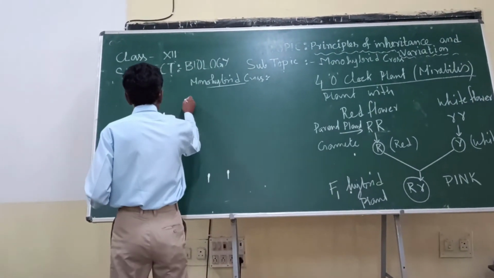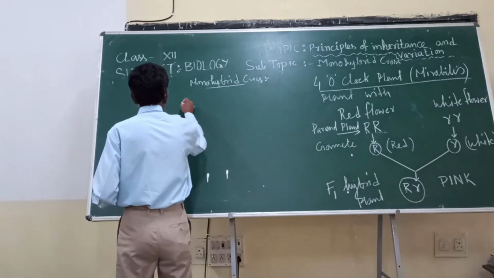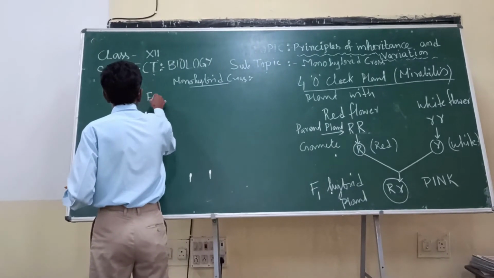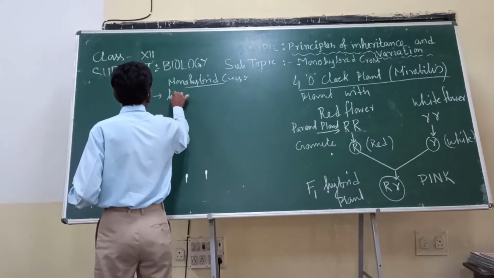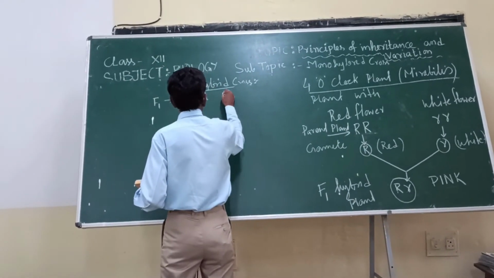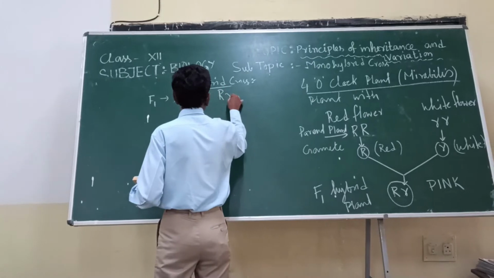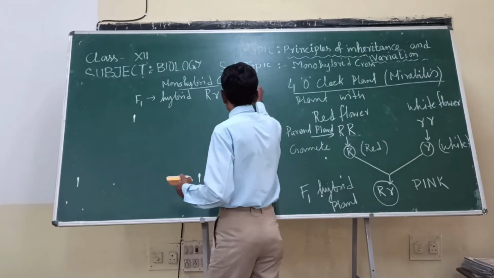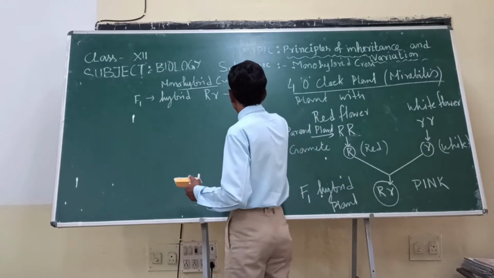So the F1 hybrid plant, that is capital R, small r, is pink by phenotypic observation.